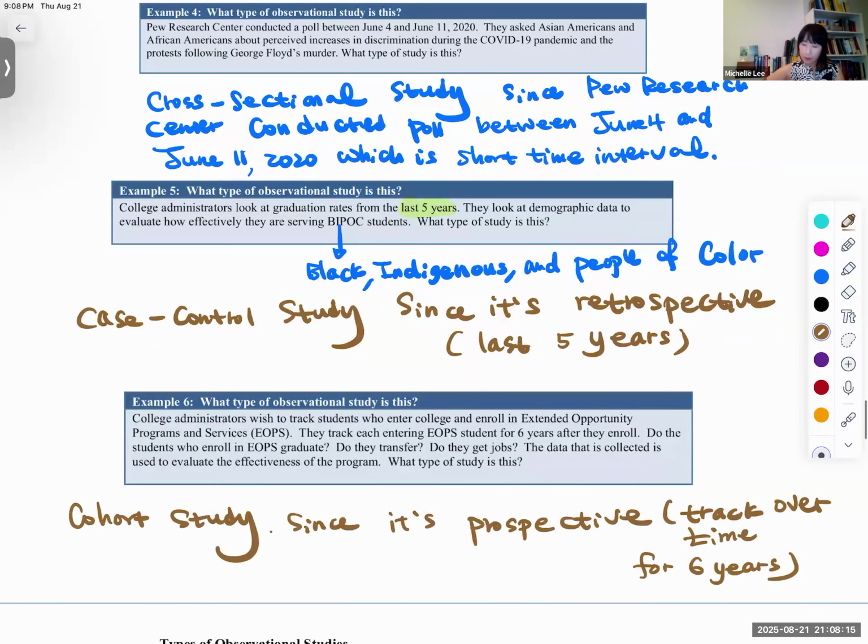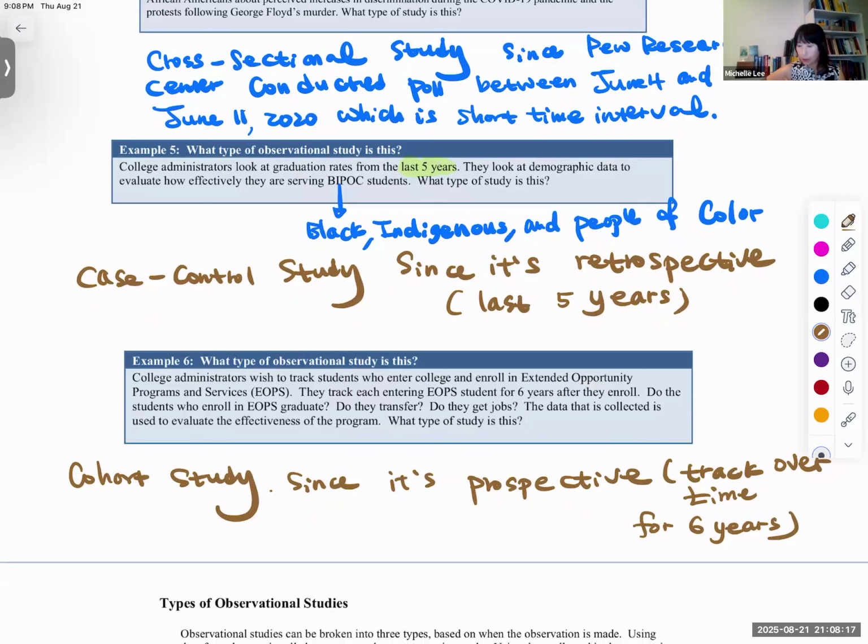So it's a cohort study since it's prospective, which means track over time. In this case, 6 years to collect data to measure the effectiveness of the EOPS program, right? Very good. So we understand observational study. There are 3 types: cross-sectional study, case control study, cohort study, right?